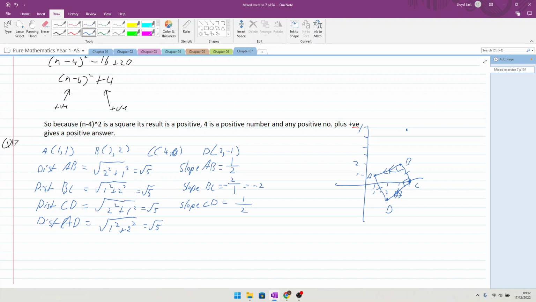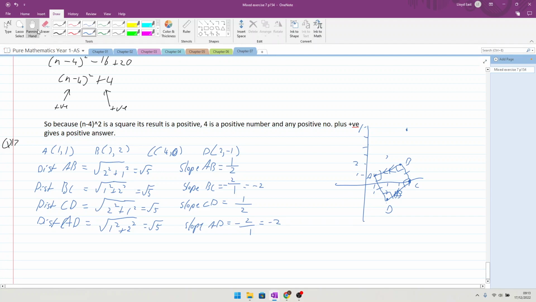Okay, so all we've got to do is the slope of AD, because it could still be coming in at a weird angle, making a trapezium. So at the moment I've only proved a trapezium. So the slope of AD, the difference of the y's is 2, and the difference of the x's is 1, which is minus 2. There we go. That makes that a 90 degree and that 90 degrees, proving we've got a square.